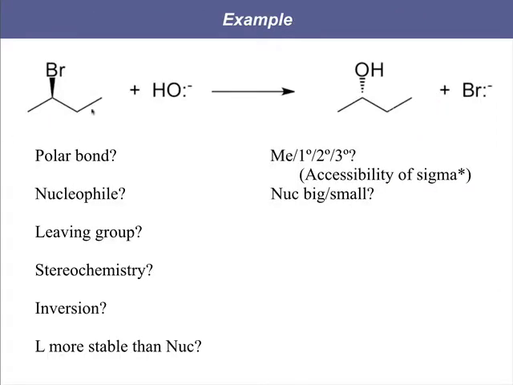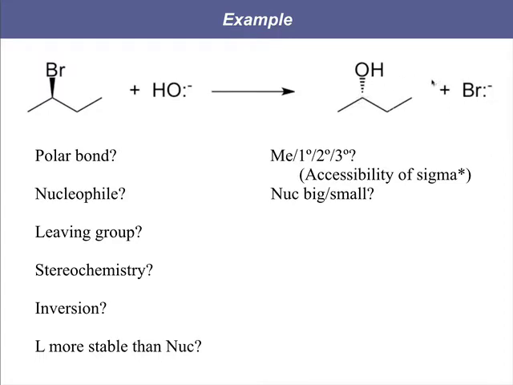Here's a reaction where we have a nucleophile, something with a lone pair and a negative charge, and a substrate. Our substrate happens to have a bromine on it. And in this reaction, the nucleophile is going onto our substrate, and it is displacing bromide.